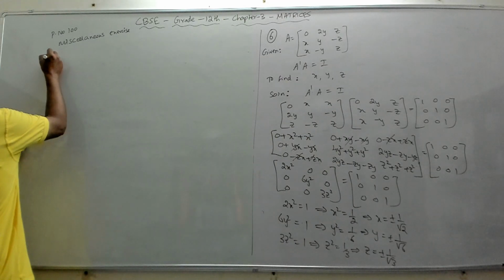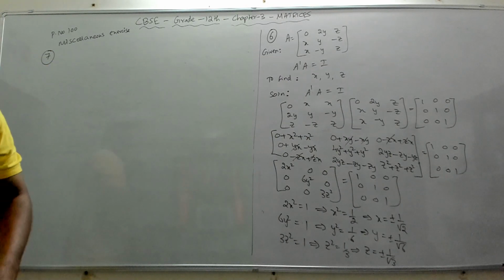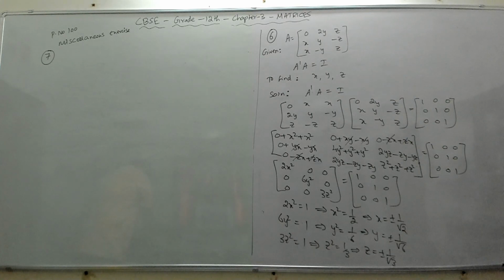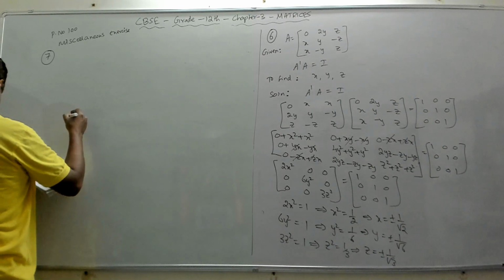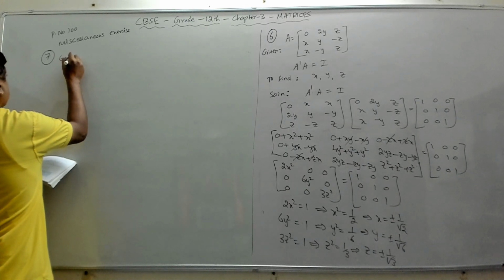So the 7th one is: we have to find the value of x. What is given?